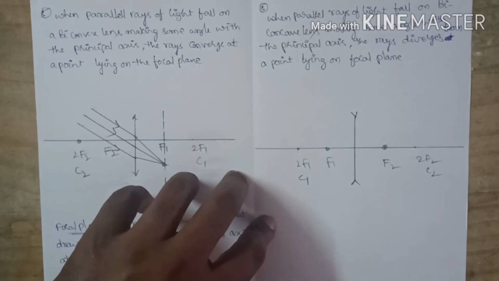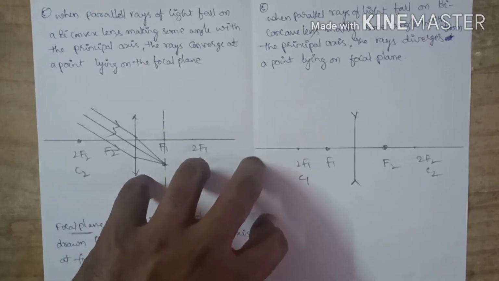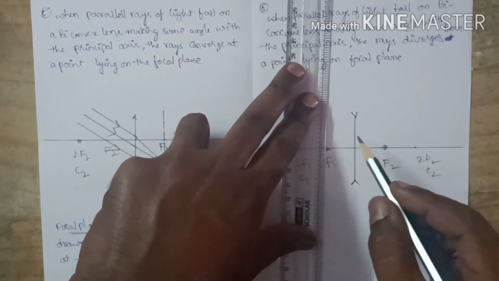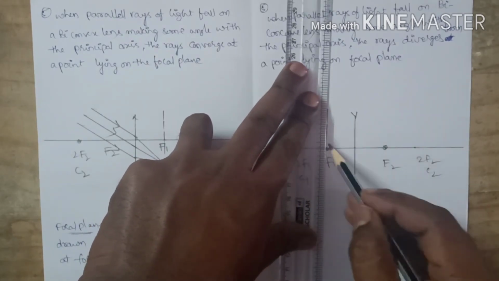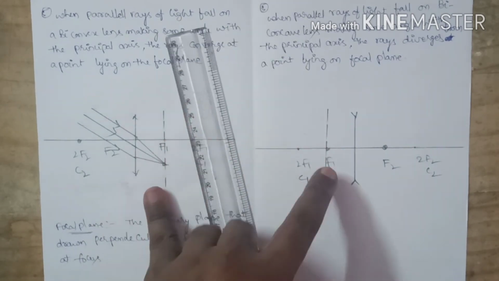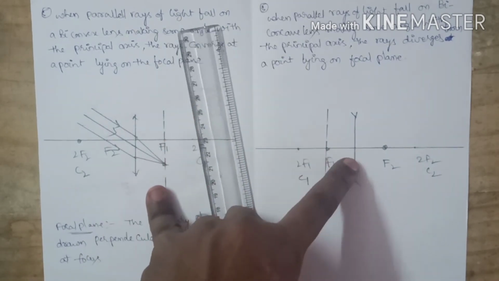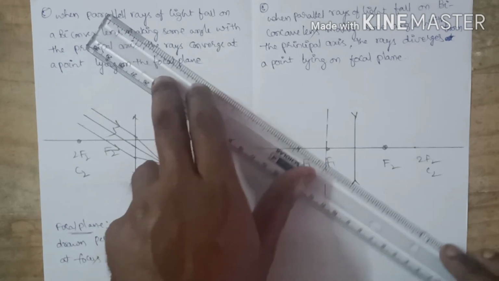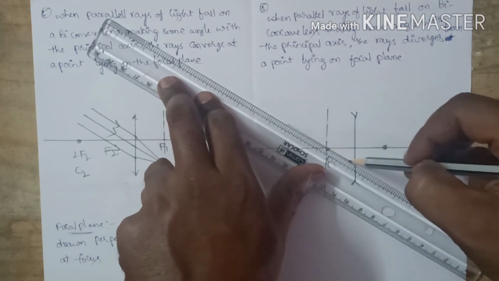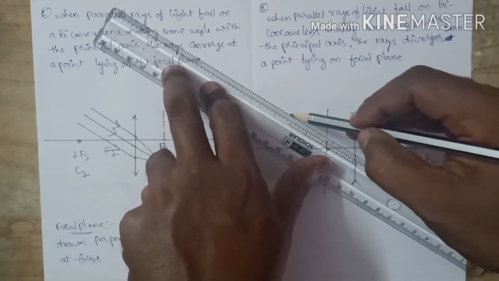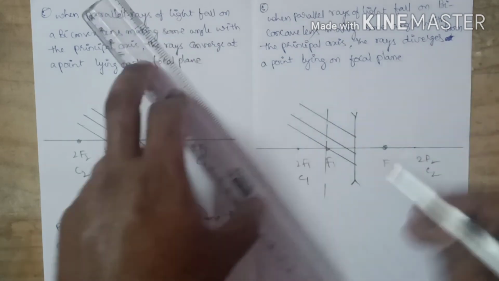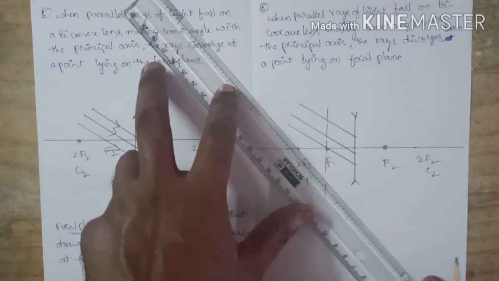Now, consider the light rays traveling parallel to the principal axis. Before going to that, we should draw the focal plane, the imaginary line drawn through the focus which is perpendicular to the principal axis. Now, some of the light rays are traveling parallel to each other, but they are making a certain angle with the principal axis. Then what happens?